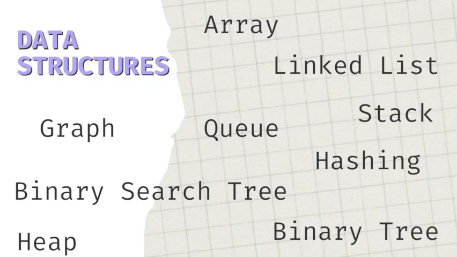A linked list is a bit different, and I would not want to talk about that because it's a little bit much more complex than an array. We have a stack. A stack is just an array, but in a stack you are going to be able to only remove values from the end of the array and add values to the end of the array. That is why we call it a stack.